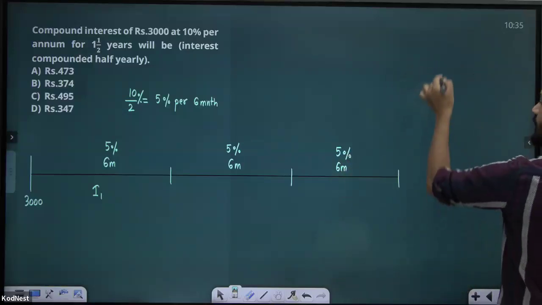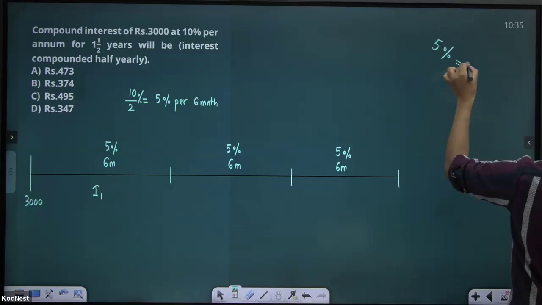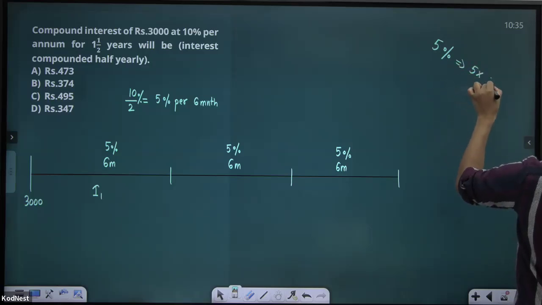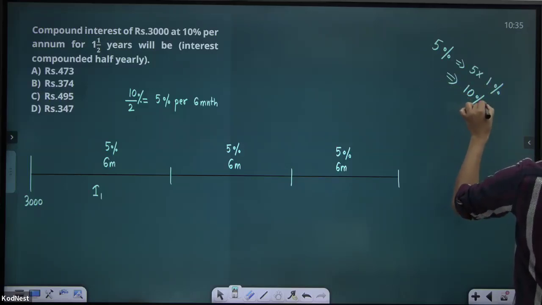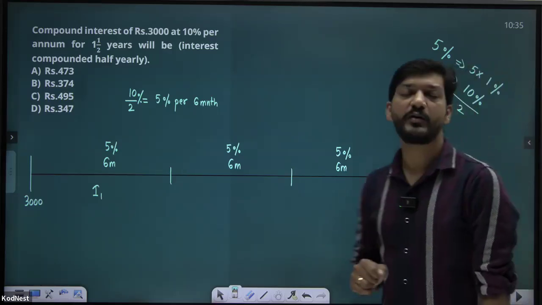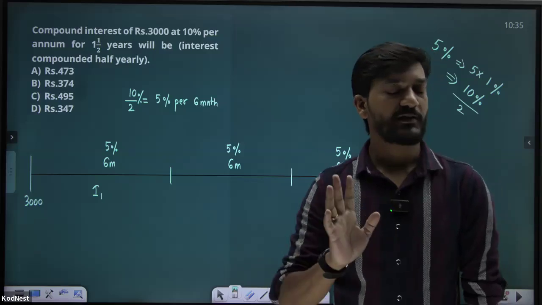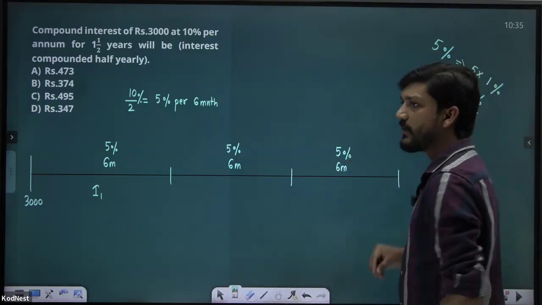Now 5% you can calculate in 2 ways. 5% is 5 times of 1%, or we can say 5% is half of 10%. Both ways, I cannot say whether this is better or this is better. It depends on the value.